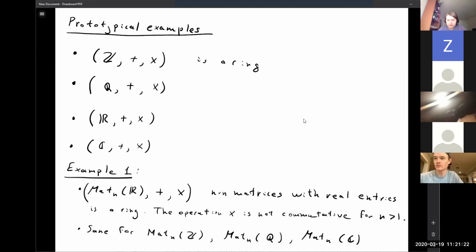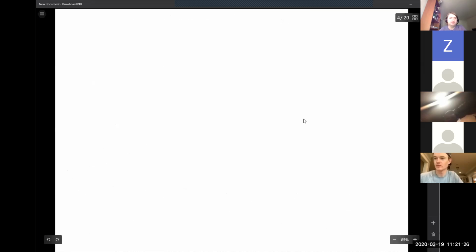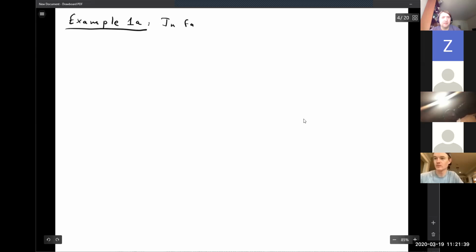Now, there is an interesting continuation of this example. Let's look at example 1a. In fact, let R be any ring, not necessarily commutative.